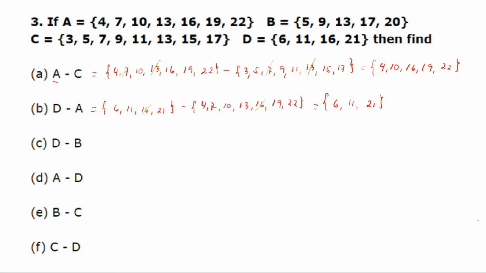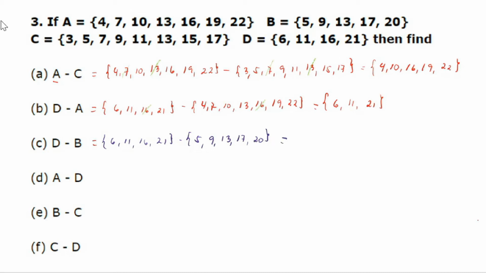Okay? And next is for D difference B. We have D is 6, 11, 16, 21. So subtract by set B. We have 5, 9, 13, 17, 20.